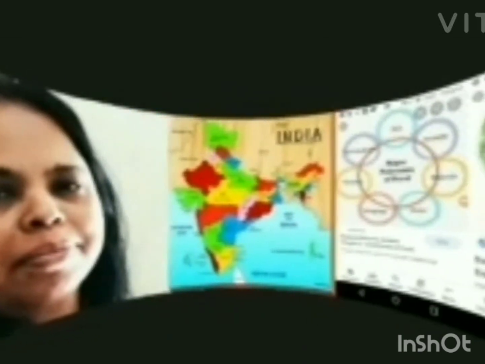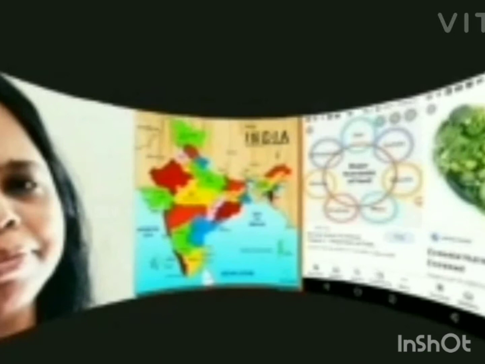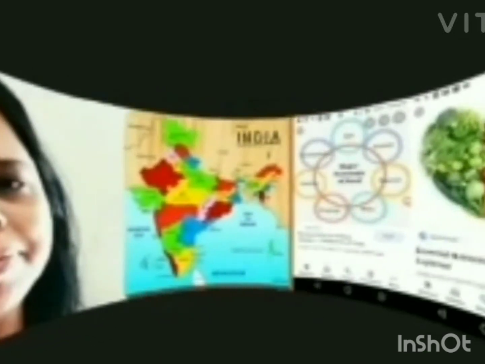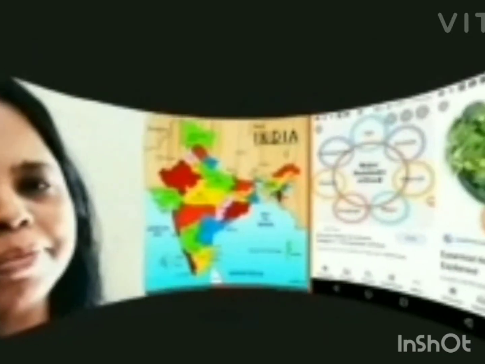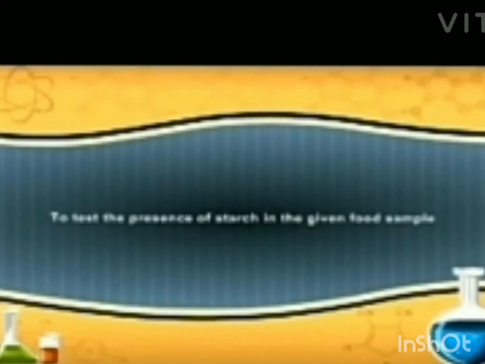By using simple methods, we can test the presence of starch in a given food item. That we can do now. Be ready for that. Now we can do the starch test.